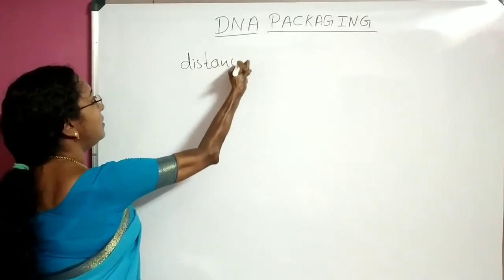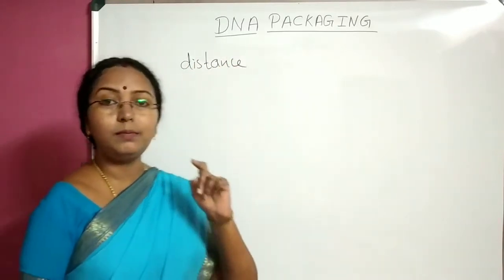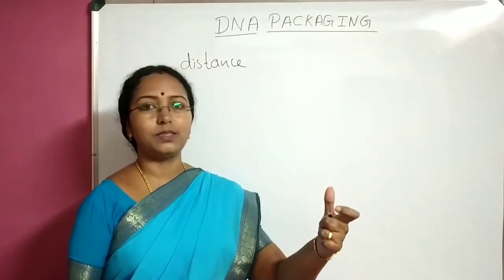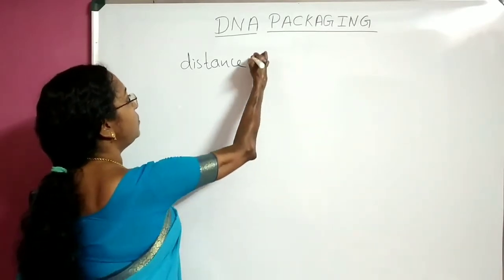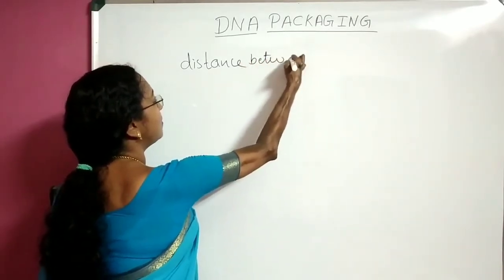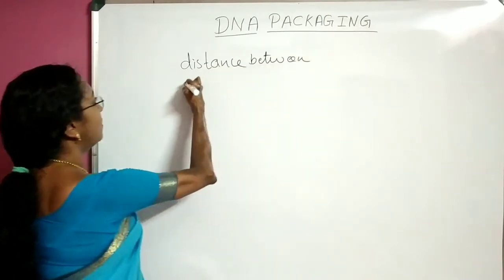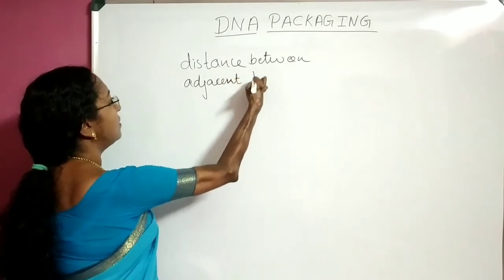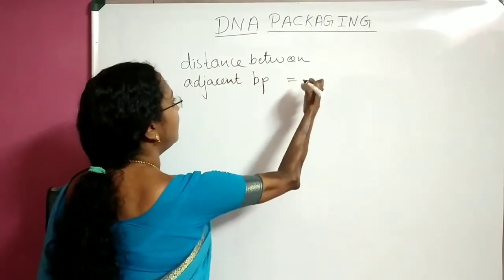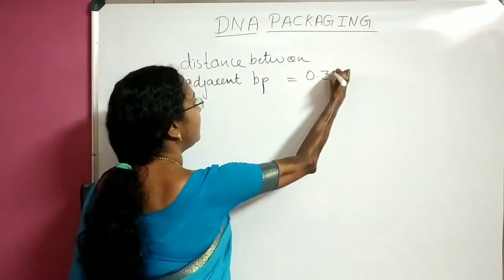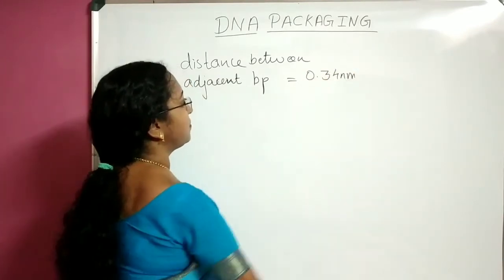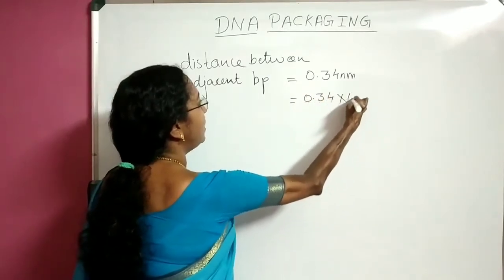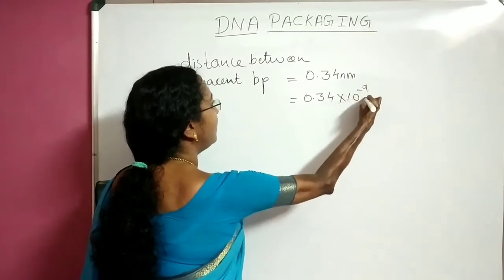So that is the first thing. In order to understand the importance of packaging of DNA, we should know certain things. So first, the distance between adjacent base pairs in DNA is 0.34 nanometer, or I can write this as 0.34 into 10 raised to minus 9 meters.